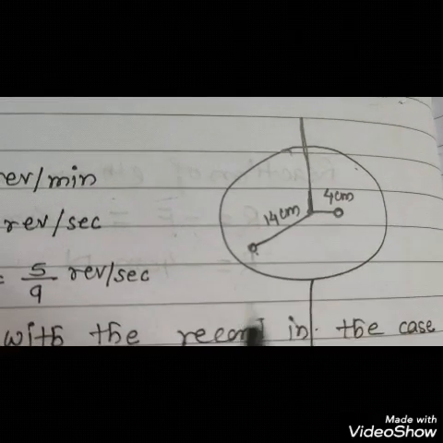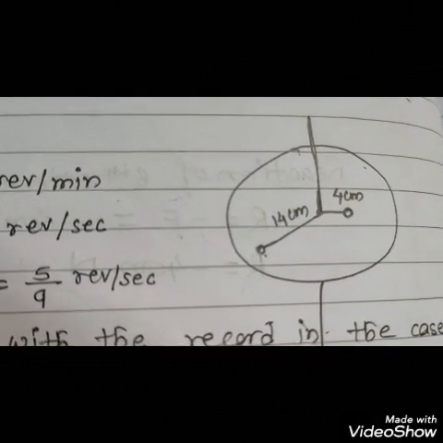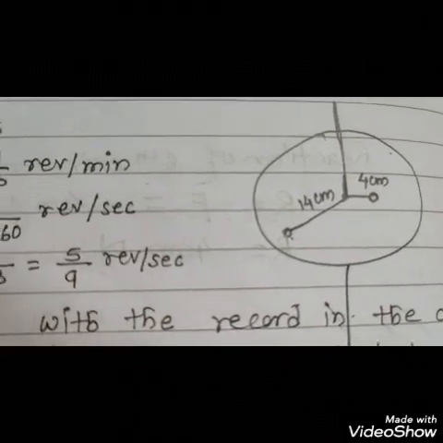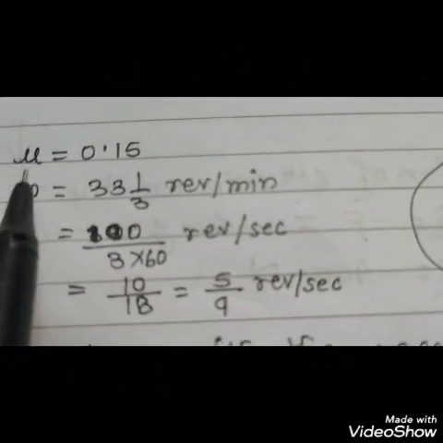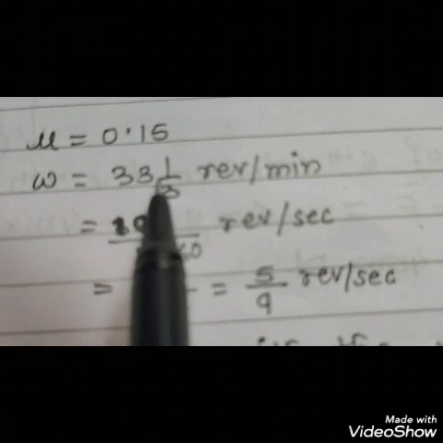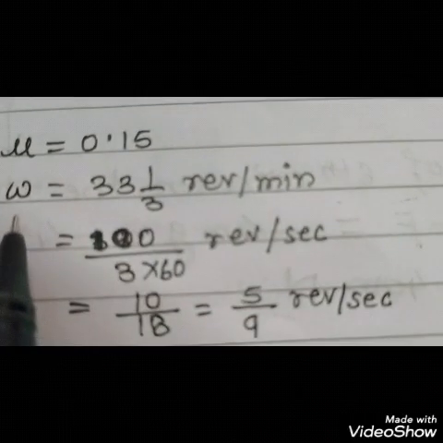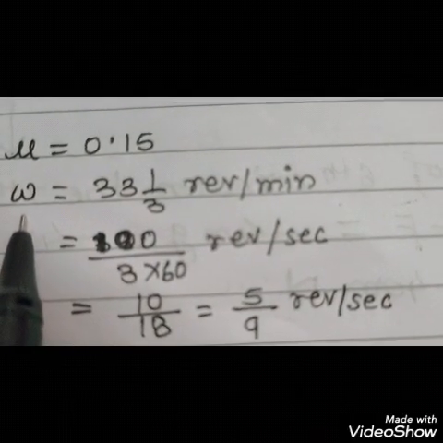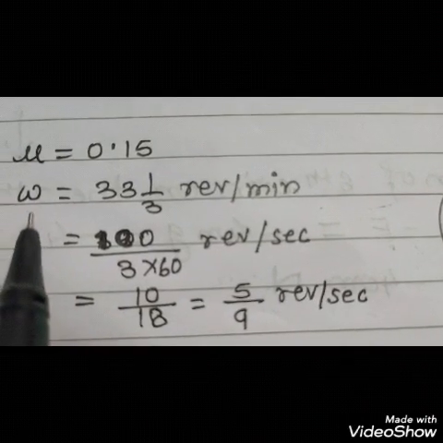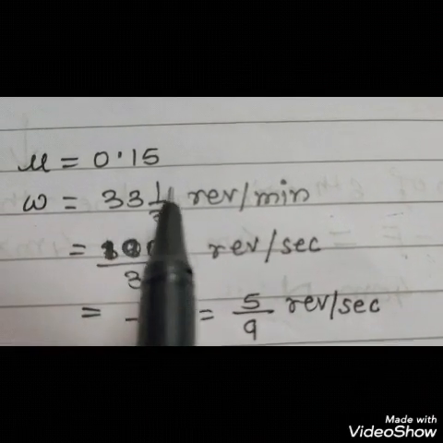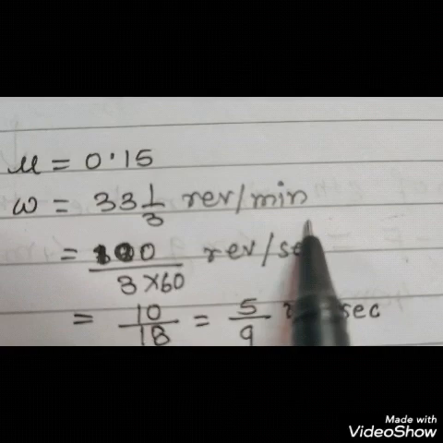So for that, first of all, it is given here mu is equal to 0.15. The rotation, it is given here, the angular velocity is 33 1/3 revolution per minute.